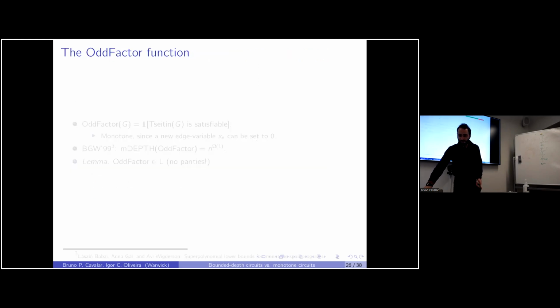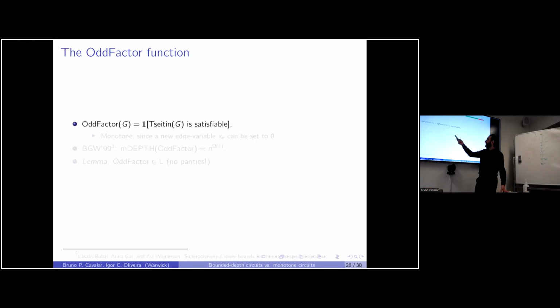You just receive a graph G, and you accept if the Tseitin formula of the graph is satisfiable. And this is monotone, since whenever you add a new edge, you can always set it to 0, and it will continue to be satisfiable if it was before.